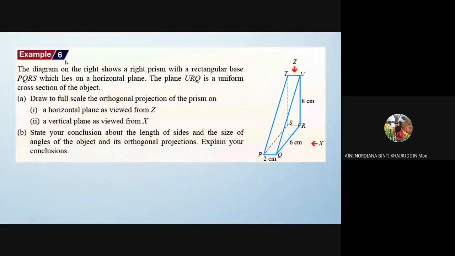So example 6, the diagram on the right shows a right prism with a rectangular base, PQRS, which lies on a horizontal plane. So as you can see here, this is the rectangular base for this right prism.